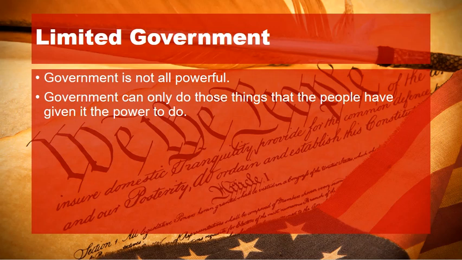The Constitution gives power to the national government, and they're very specific as to what the national government can do. So this is a big concept in the Constitution, that the power of government is, in fact, limited.